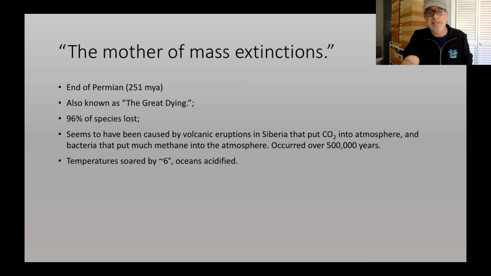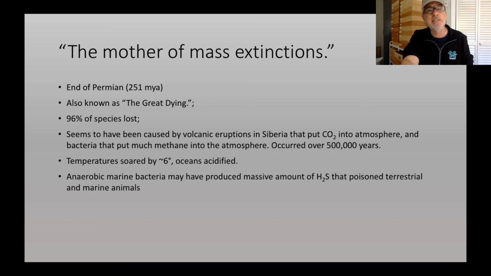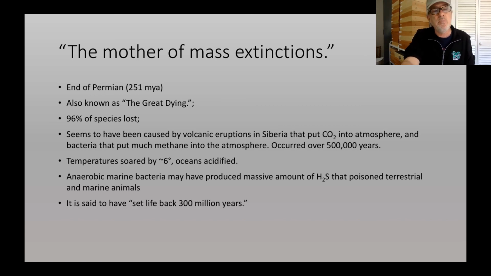And as a result, massive climate change and massive extinction, including the loss of all reef-forming corals, by the way. Temperatures soared by 6 degrees, oceans acidified, and anaerobic marine bacteria were thought to have produced massive amounts of hydrogen sulfide gas, which is highly poisonous for terrestrial and marine animals, and so that may have contributed to the Great Dying. Paleontologists say it set life back 300 million years.